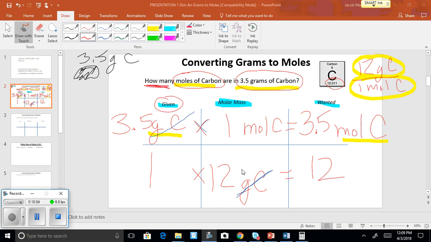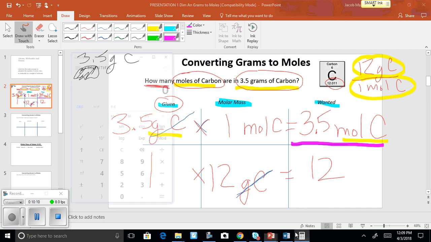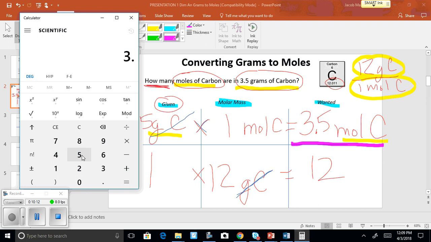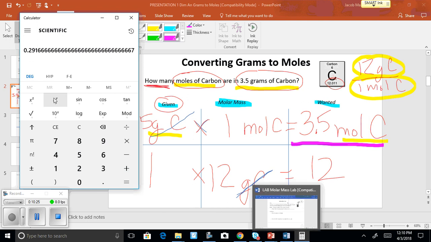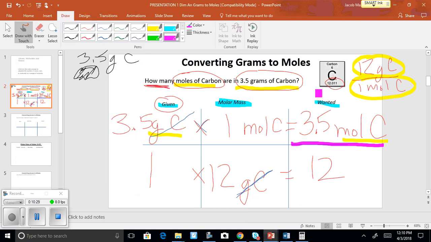We did our multiplication across the bottom. Now what we're going to do is we're going to divide these two numbers. What is 3.5 divided by 12? So I plug that in and it's 0.29160.